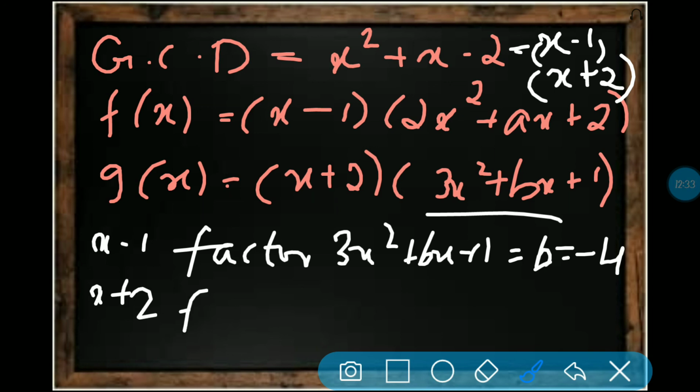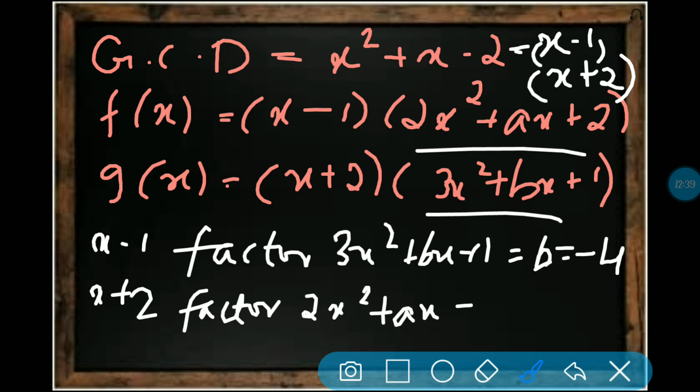Next, if x plus 2 is a factor for 2x square plus ax plus 2, then the a value will be 5. How?